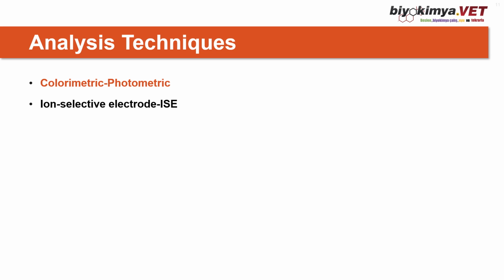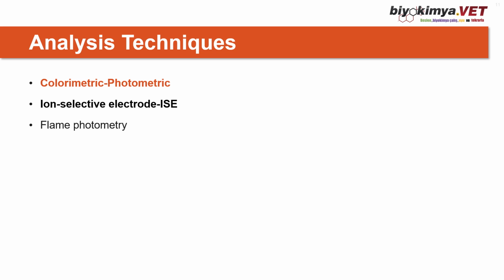In general, we use colorimetric, photometric techniques and ion selective electrode (ISE) techniques, especially for cations and anions such as sodium and potassium. We prefer ion selective electrodes for those, but for total calcium, magnesium, and phosphorus, we prefer colorimetric and photometric techniques.